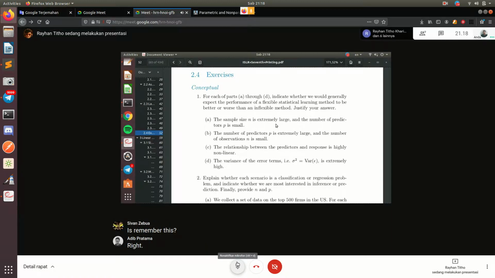I think this is quite the opposite of the first case, where we had a lot of data but only a few features. Whereas in the case of B, we have small data but a lot of features, right?